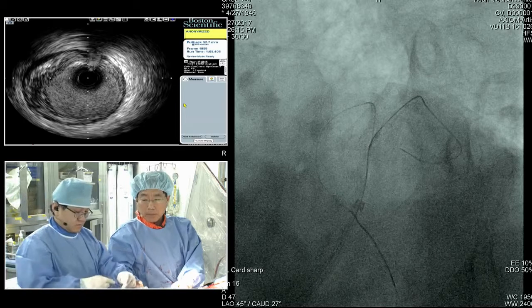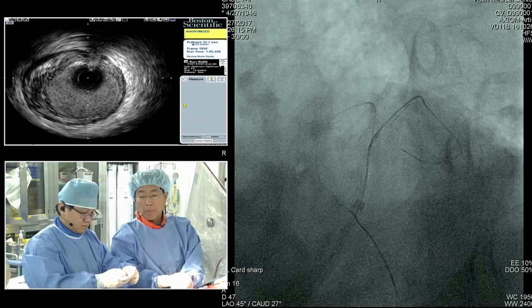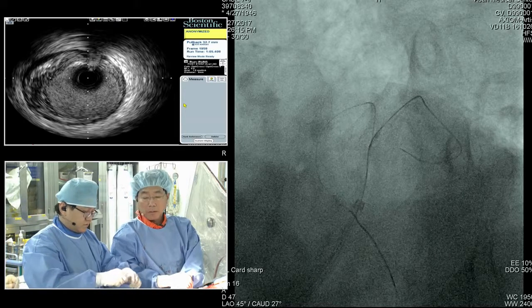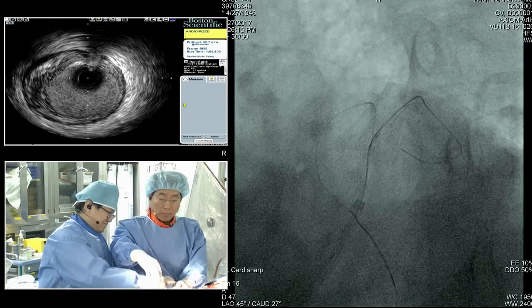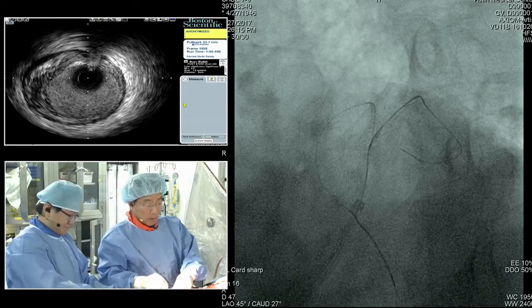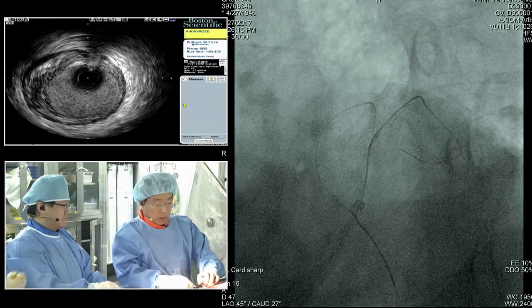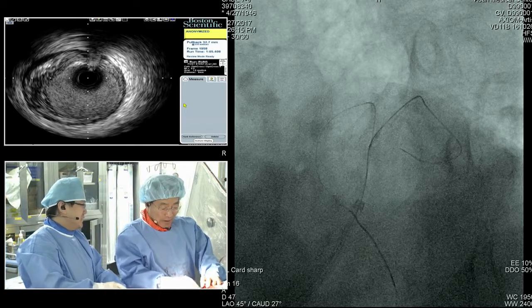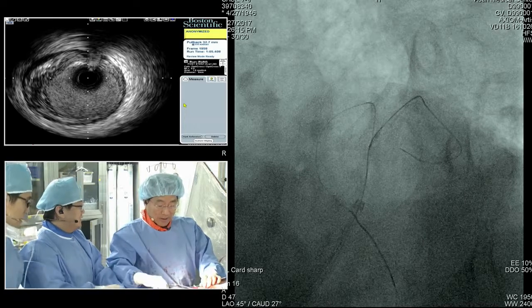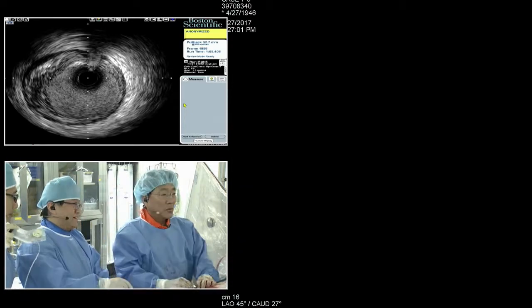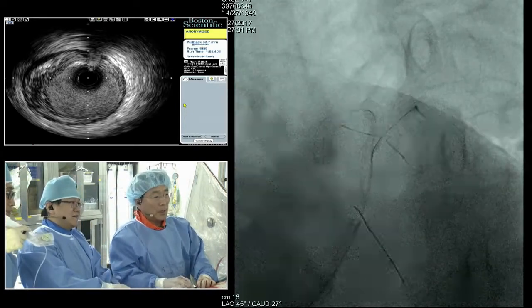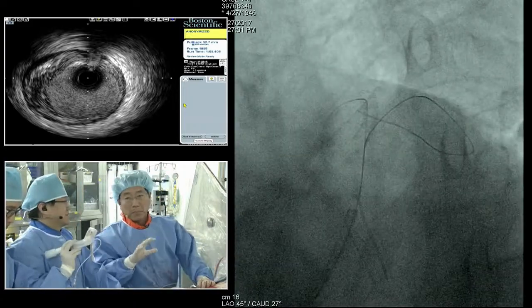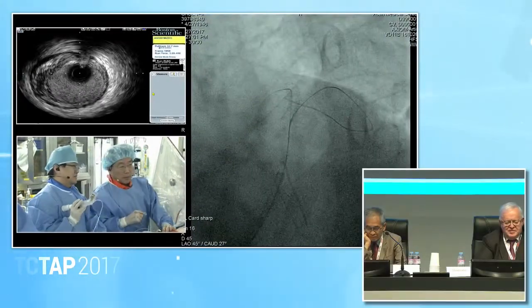Dr. Park, are you never using the DK crush, which is supposed to solve the problem of reaccessing the side branch? Sometimes. No. The only indication for DK crush is a very calcified side branch ostium. To be honest, we have some registry data.